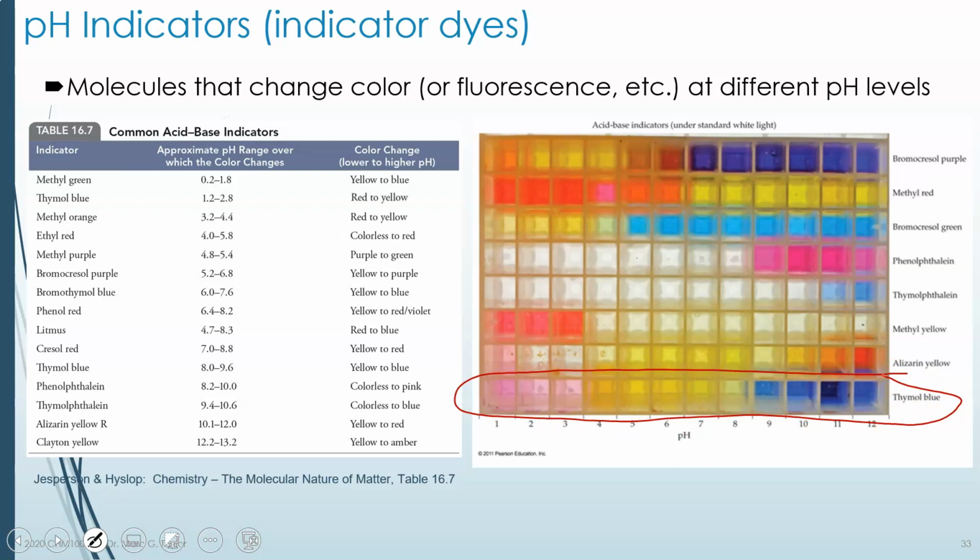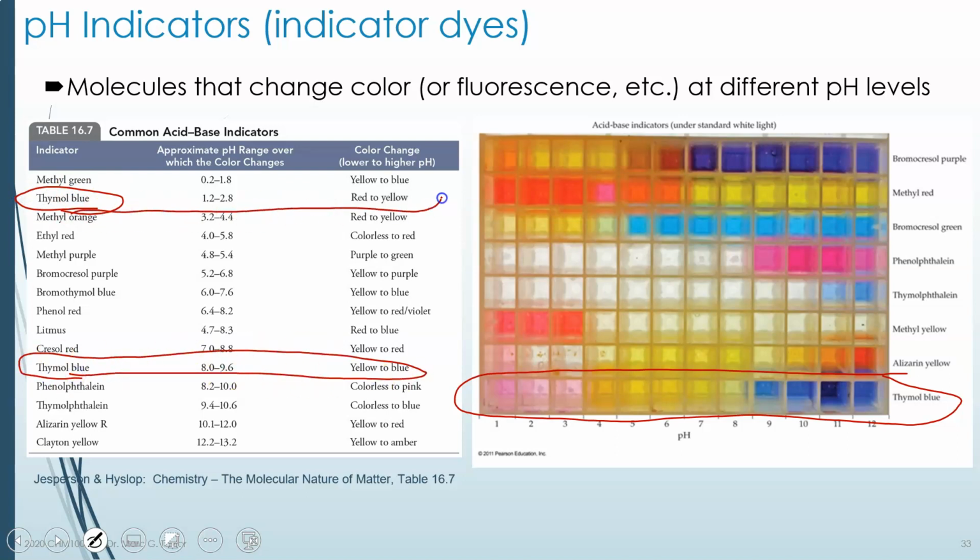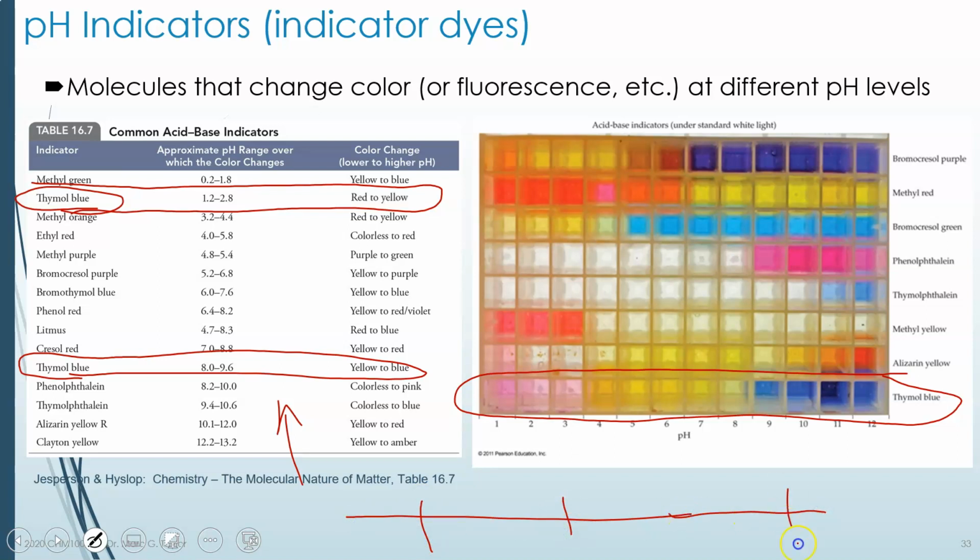If we look on our chart here, thymol blue actually appears twice. This is an unusual one. We see that at very low pH range, there's a transition from red to yellow, and then at higher pHs, there's a transition from yellow to blue. So if we were to look at just the chart here, I'm just going to put a number of pHs in here.